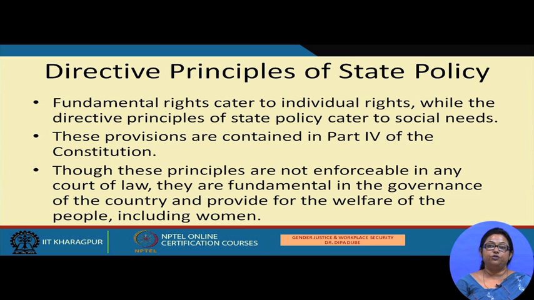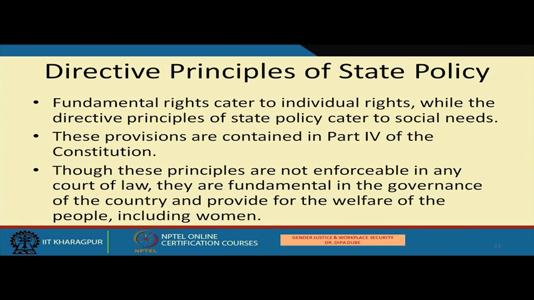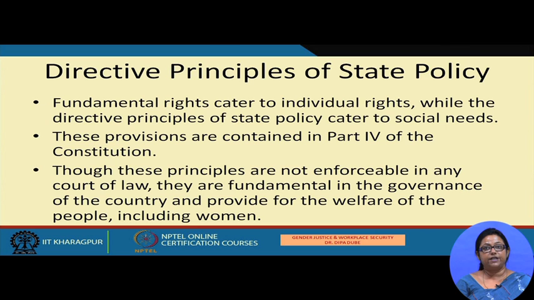So, whether it relates to equal remuneration, equal pay for equal work for men and women, or it relates to giving maternity benefit to women, there are several directive principles which have been laid down and which tend to achieve the welfare of the women and to see that the state makes necessary endeavor towards that end.